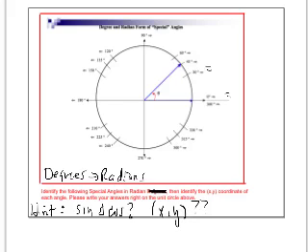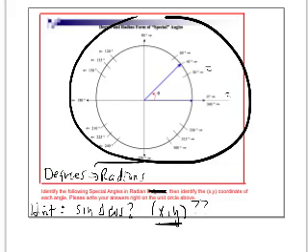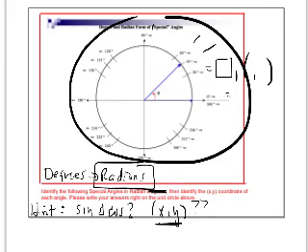So go back and identify what are the xy coordinates for each angle that's listed up here. And then you have to also take each one of those degree measures and write it out to the side here, whatever your radians are, and then identify your xy coordinate. So when I look at your piece of paper, each one of these should have that information all the way around there, right on your circle.